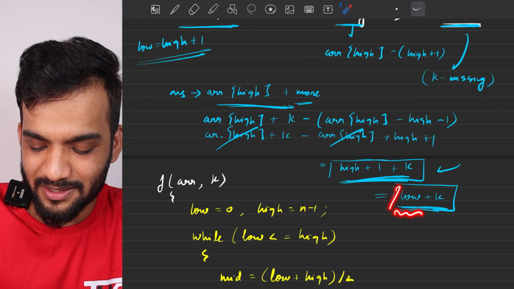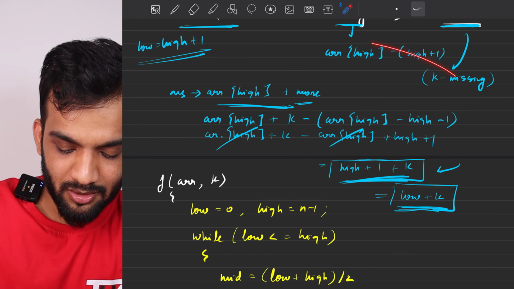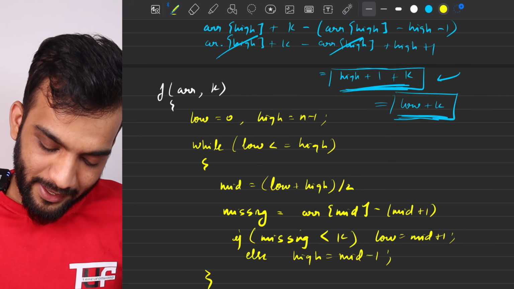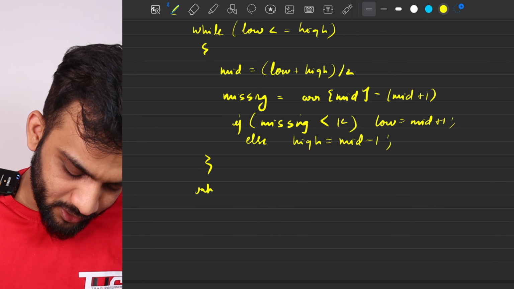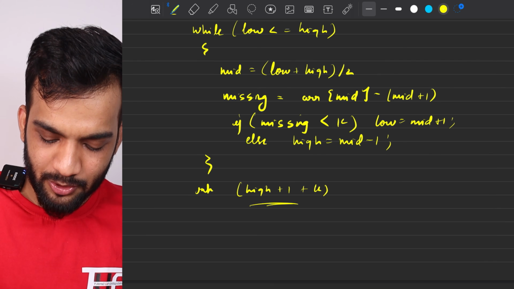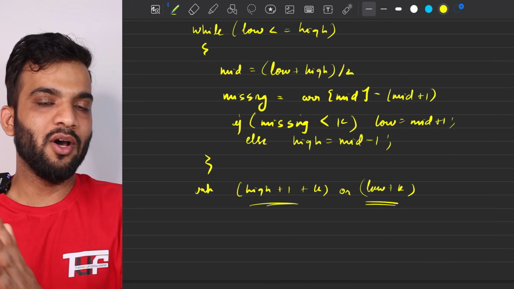Everyone is returning low plus k, and no one is explaining the reason behind it. The reason is this derivation. I hope you have understood this. So let's quickly go back to the code, and over here we will return high plus 1 plus k, or else you can return low plus k as well. That is your choice. Either this or that.